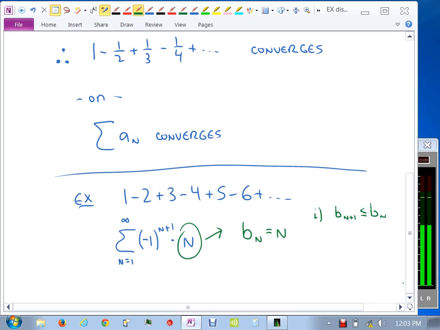Is the number 1 true? Is b sub n plus 1 less than or equal to b sub n? So is n plus 1 less than or equal to n? No. False. So what does that mean? What's that? Test fails. That's all. We can't determine it.